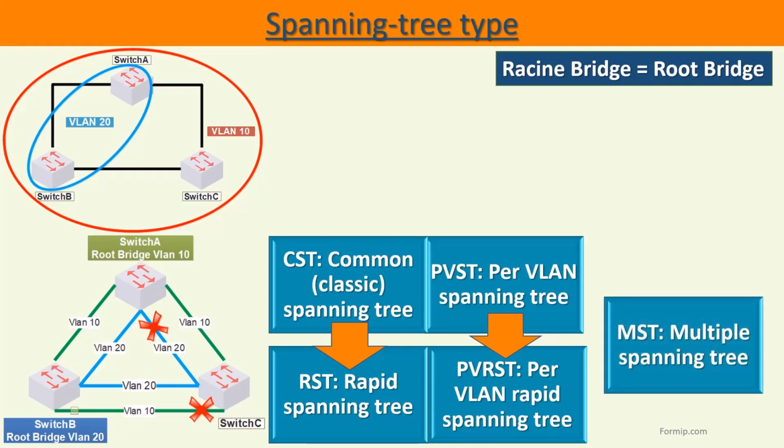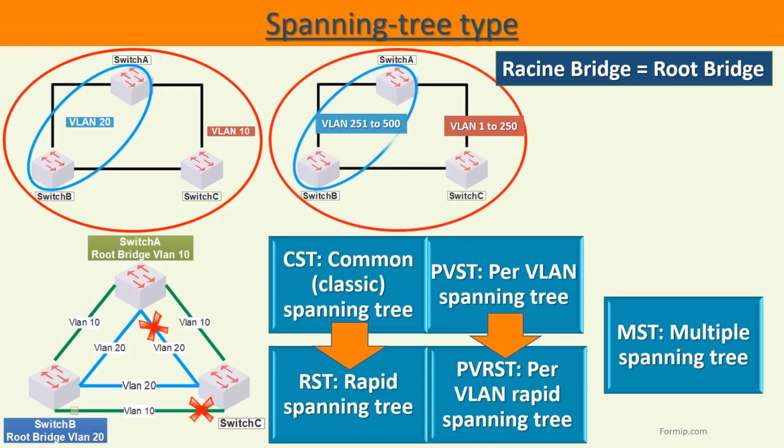We have seen that it is possible to calculate a spanning tree by VLAN, and our example had 2 VLAN. But what if we had more than 500 VLAN, as shown in the diagram just displayed?